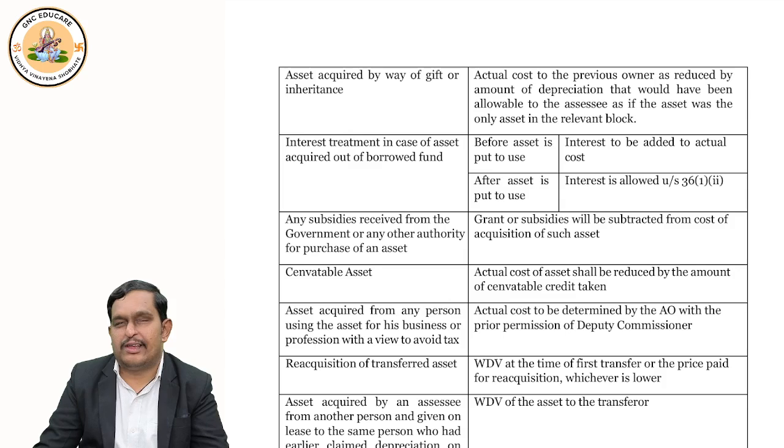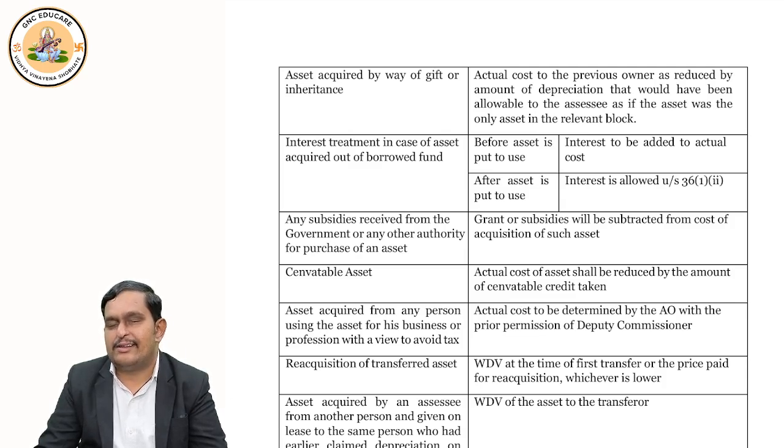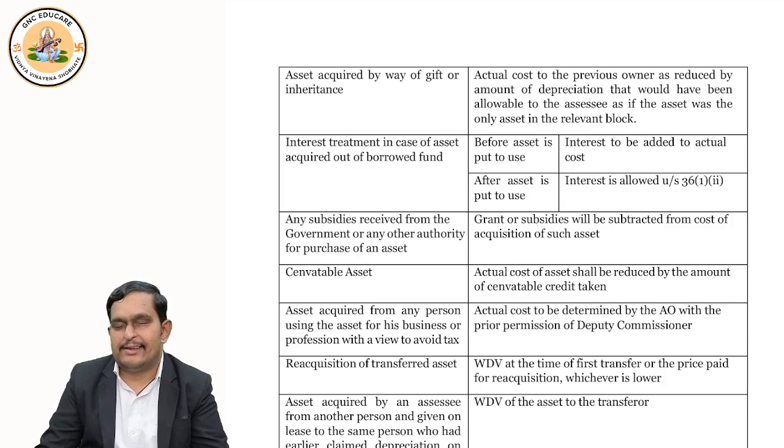And once you get the notice, you have to not only pay the extra tax, but also penalty, interest, and a lot of other complications. So in the GST regime, what you are supposed to remember? Either claim input tax credit on the GST paid on the asset under GST law, or ignore input tax credit in GST and claim depreciation under income tax. But don't try to get both. It's not allowed.